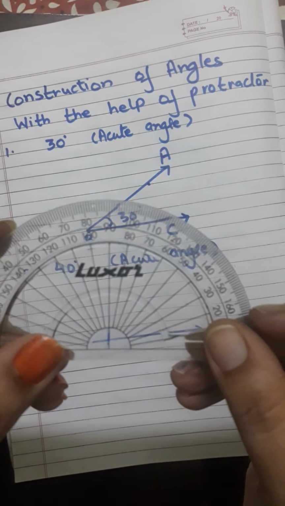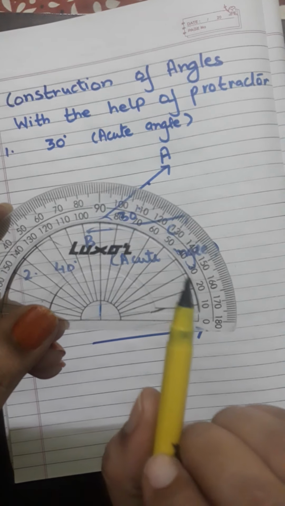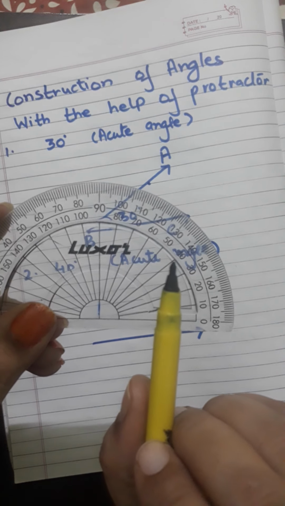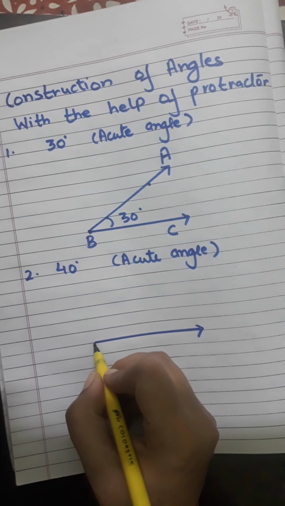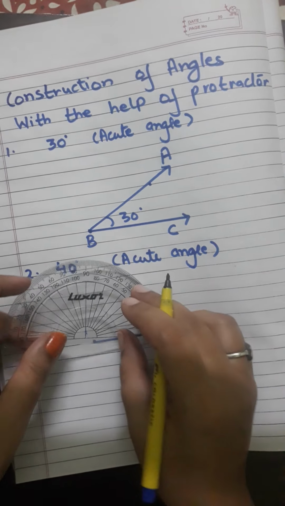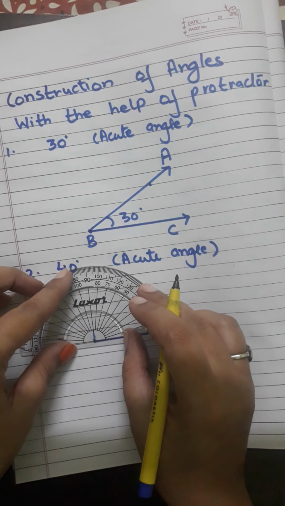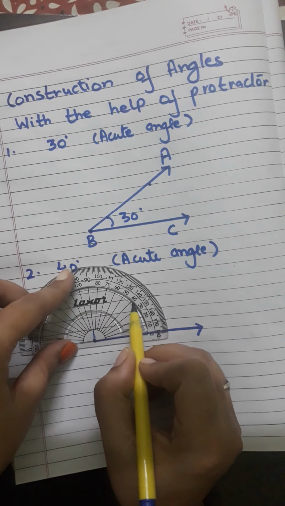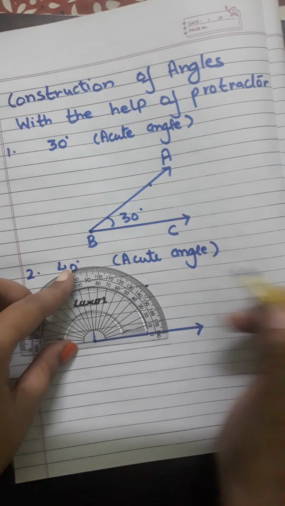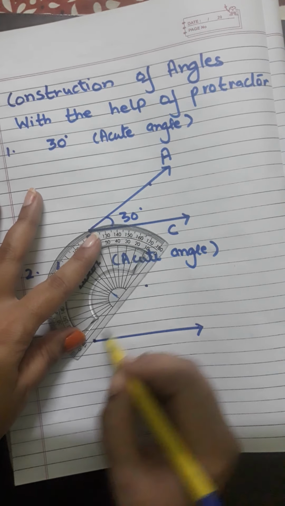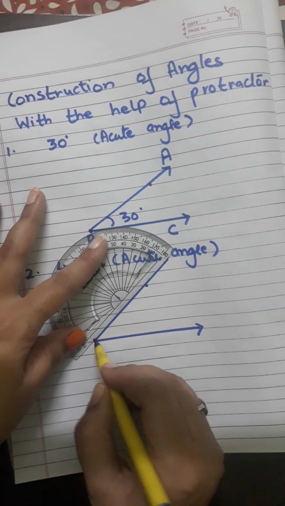Now 40 degree is less than 90 degree and it is an acute angle. Keep this middle at this point. Now see where it is 40 degree. Above it is 140. Mark the dot here.